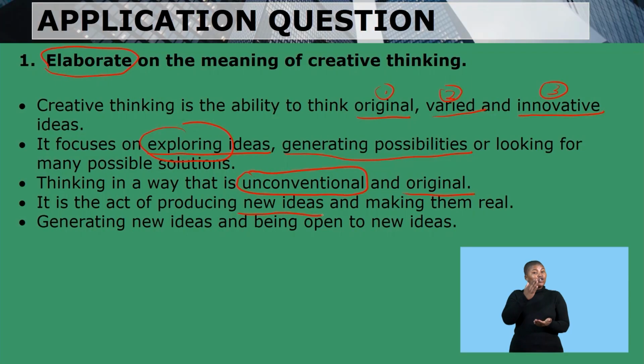It is the act of producing new ideas. I hope you can see new has been coming up a lot. So these ideas are new, and making them real, believable. Generating new ideas and being open to new ideas. So a creative thinker is a person that has a teachable spirit, to say, I understand that in order for me to reach there, there are so many errors that are going to happen. They say learning through trial and error.